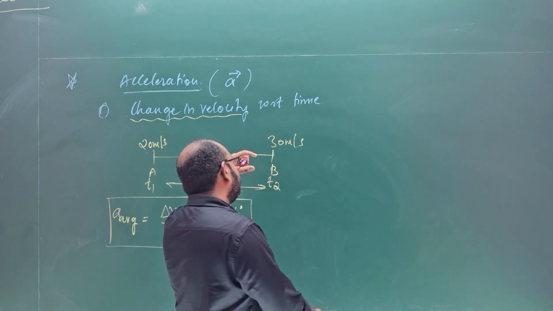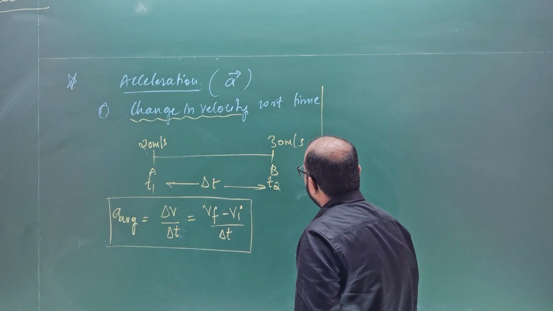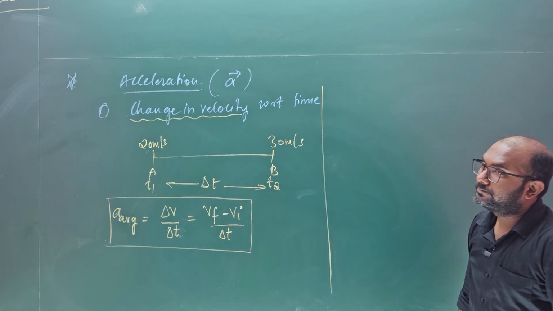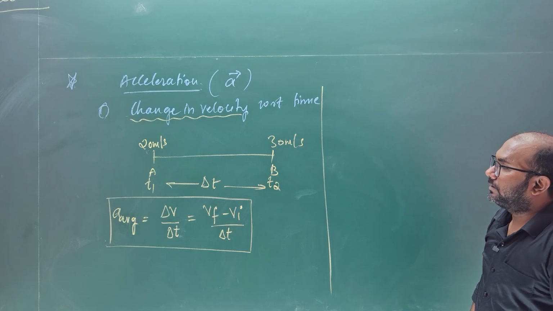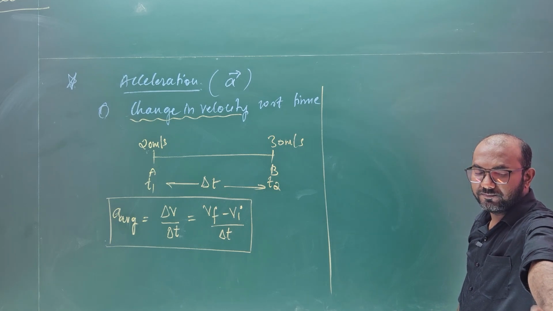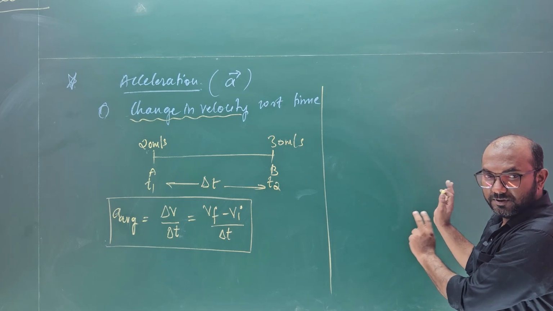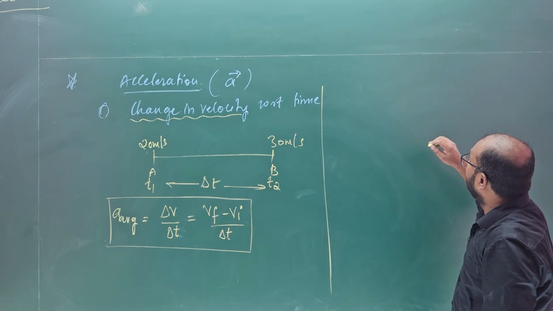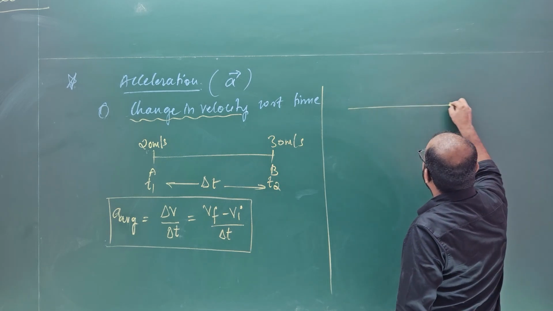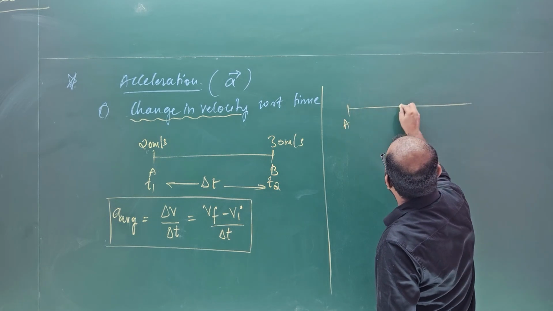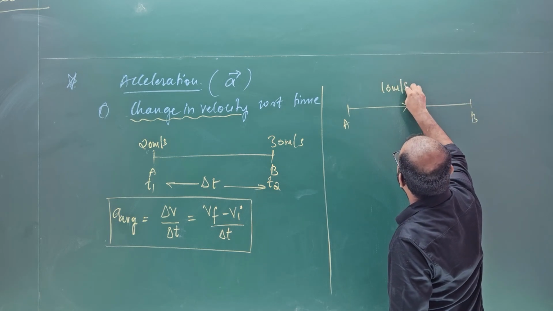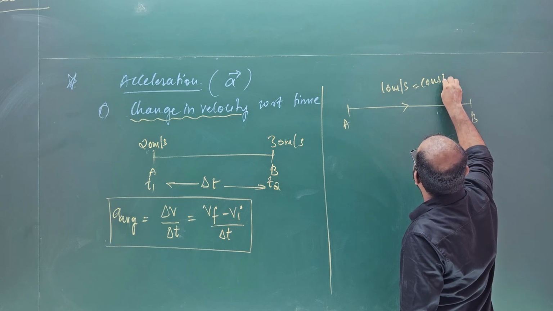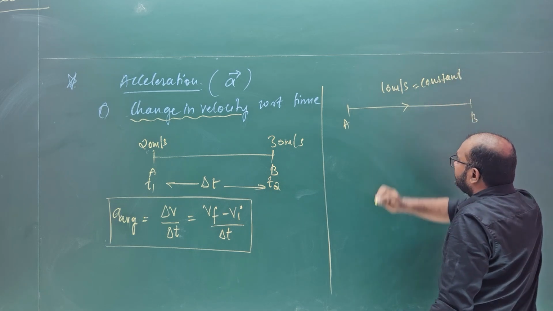Now the next thing. Okay, stop writing, guys. First listen, then I will keep the board as it is. Consider an object traveling from point A in this direction to point B. Let this velocity be 10 meter per second and this velocity is constant.